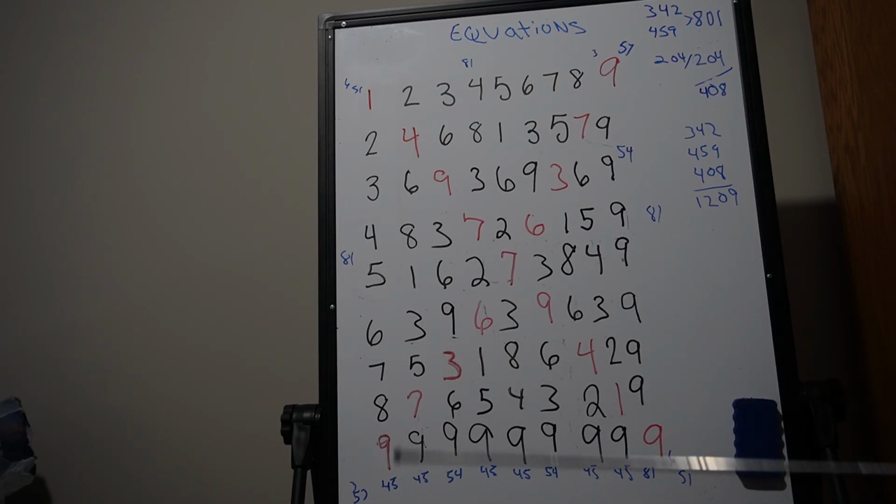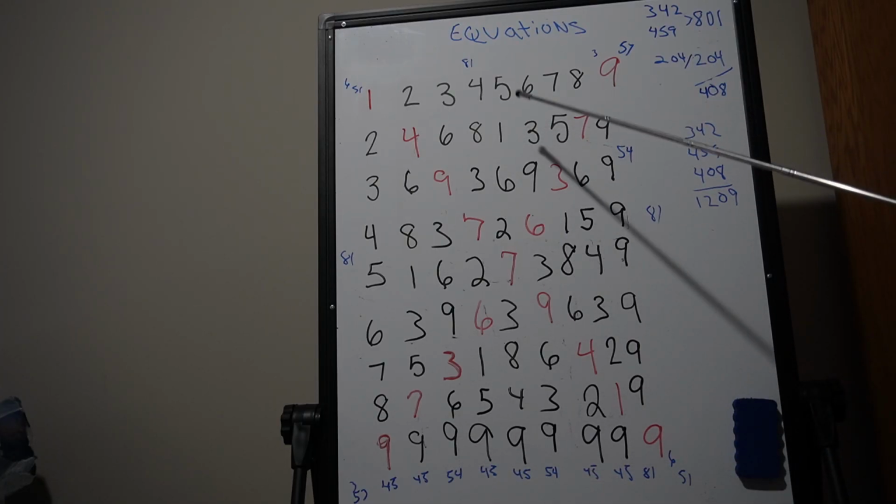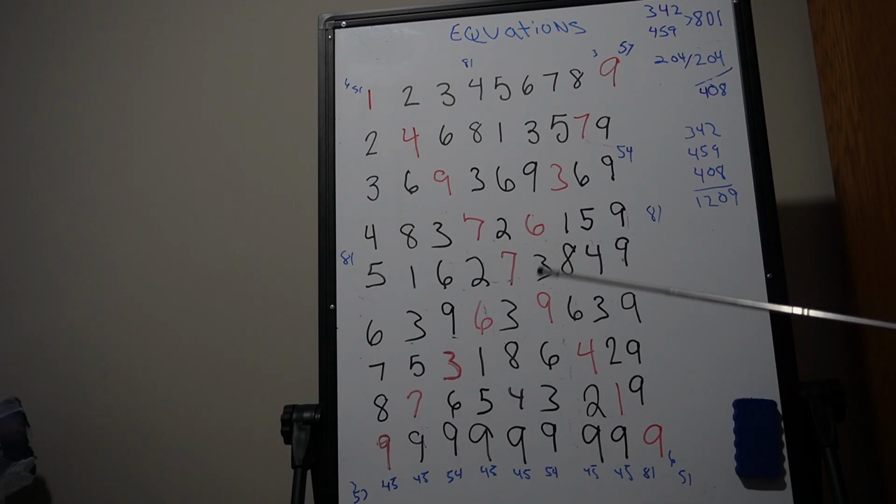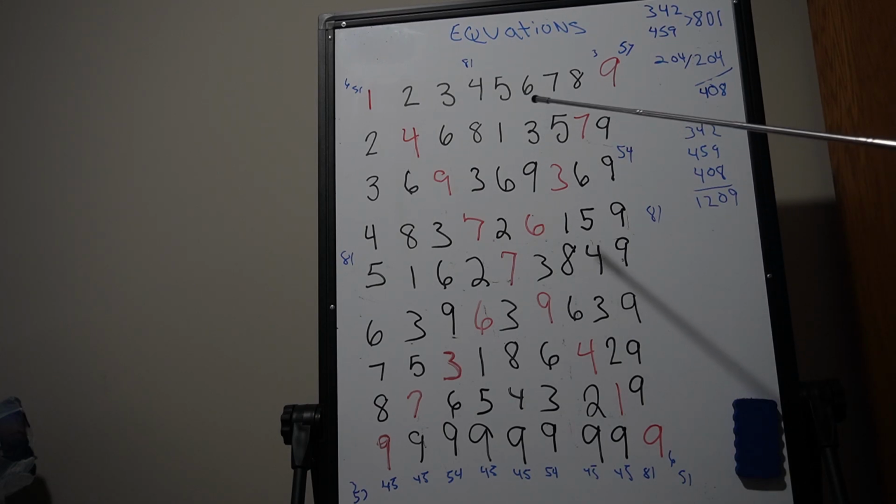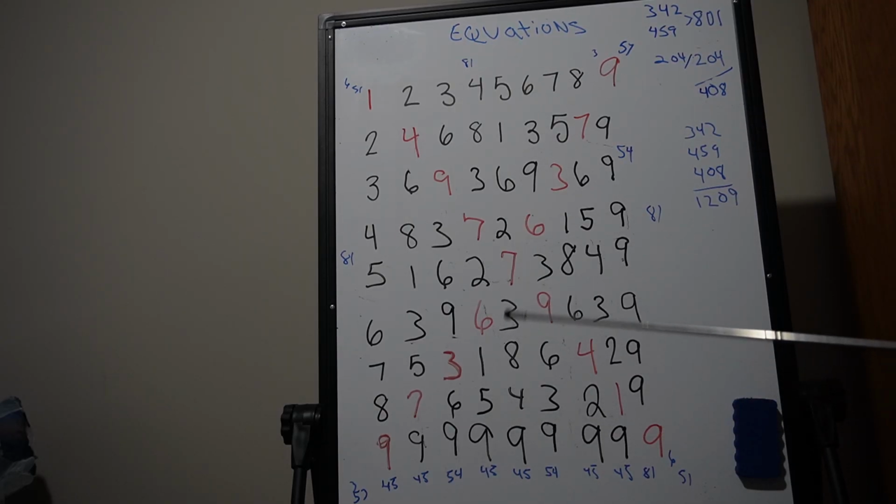3 times 3 equals 9. 4 times 4 equals 16. 5 times 5 equals 25. 6 times 6 equals 36. 7 times 7 equals 49.